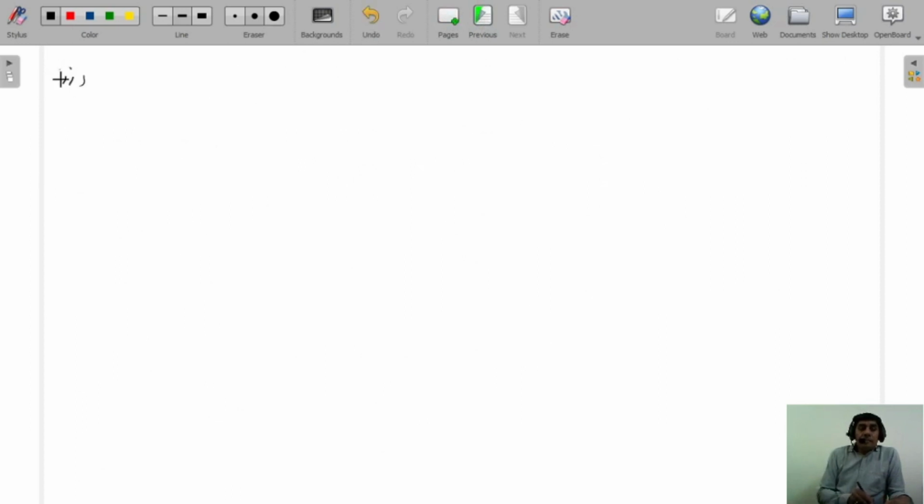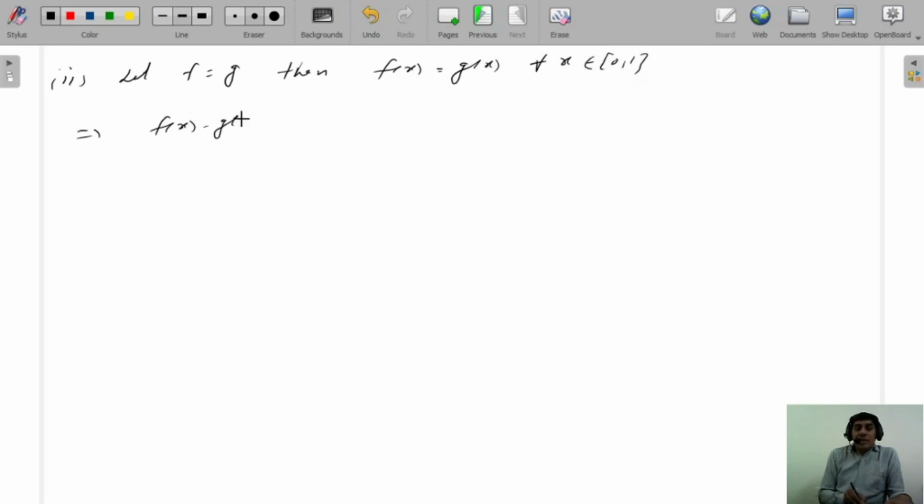Second, let f is equal to g, then f(x) is equal to g(x) for every x belongs to interval 0 to 1. This implies f(x) minus g(x) is equal to 0 for every x. This implies modulus of f(x) minus g(x) is equal to 0 for every x belongs to 0 to 1.